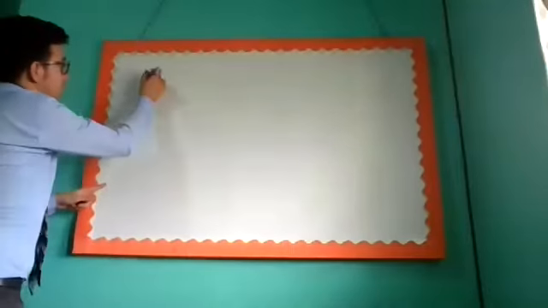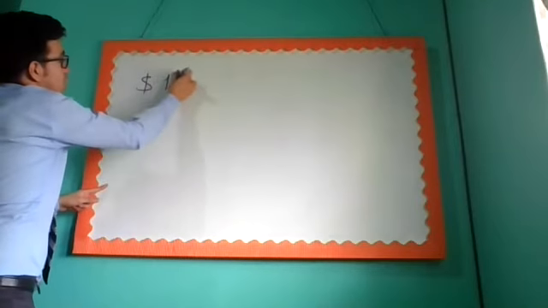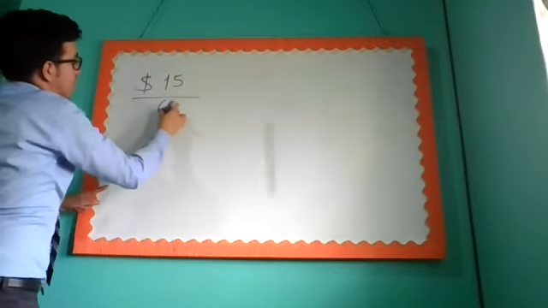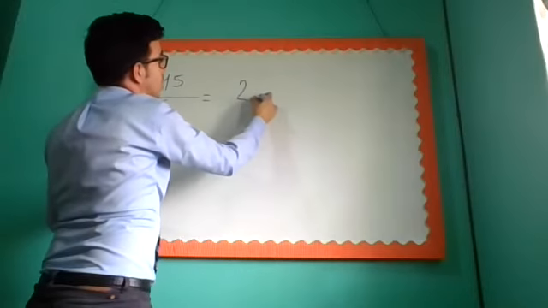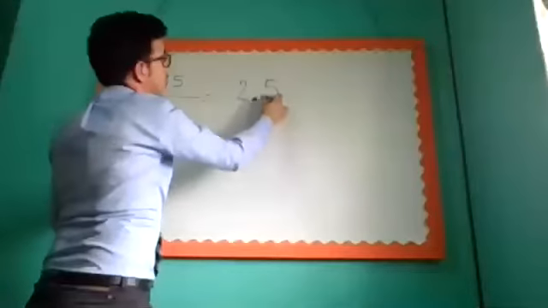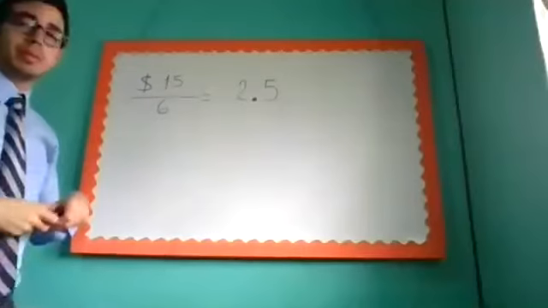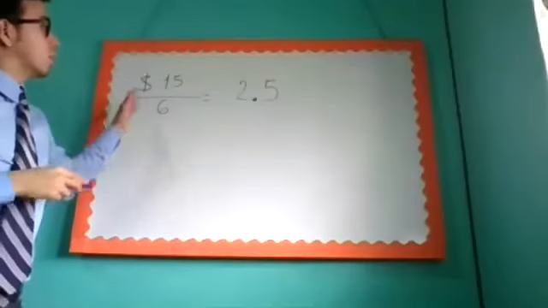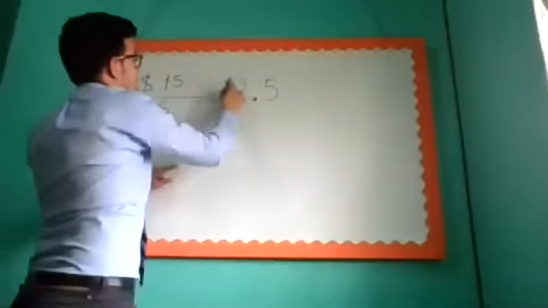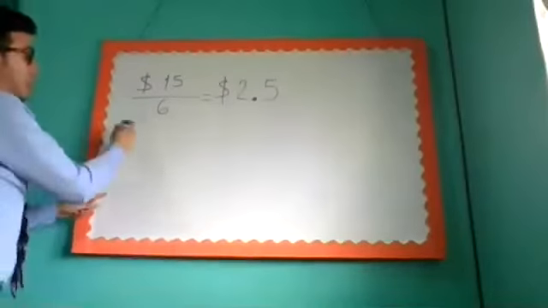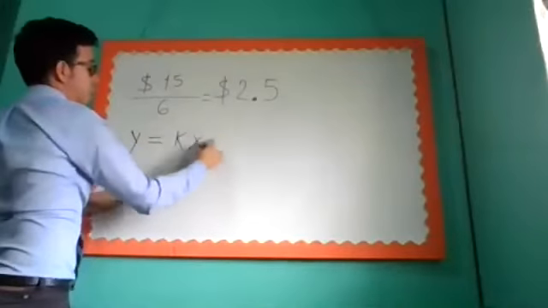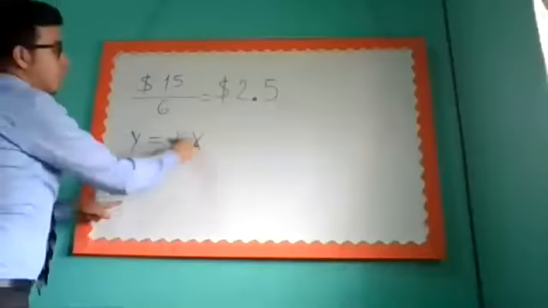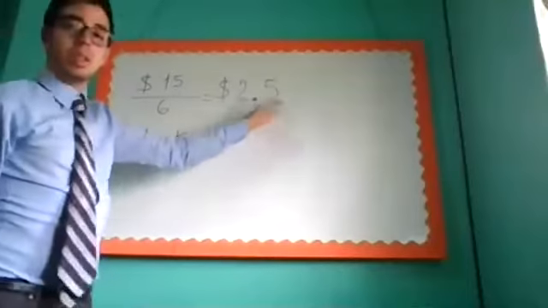If you have, for example, $15 for 6 cupcakes, you obtain that each cupcake is going to cost 2.5, right? So $2.5. So when you have the equation y equals k multiplied by x, k now is 2.5.